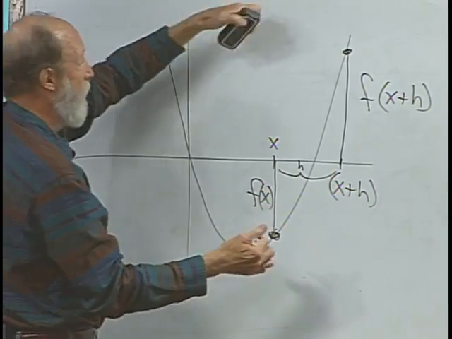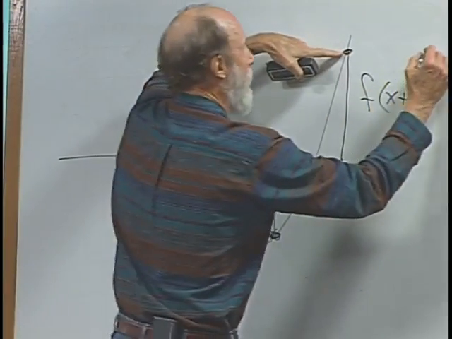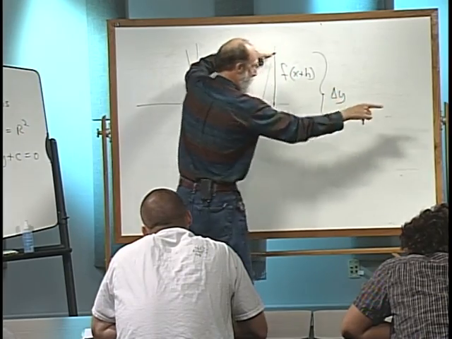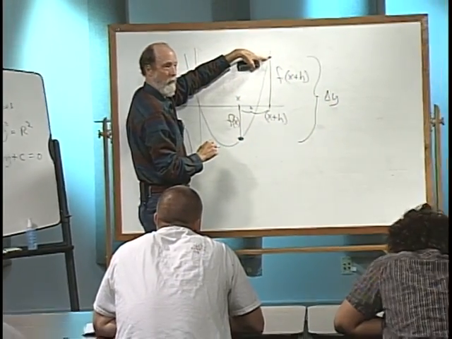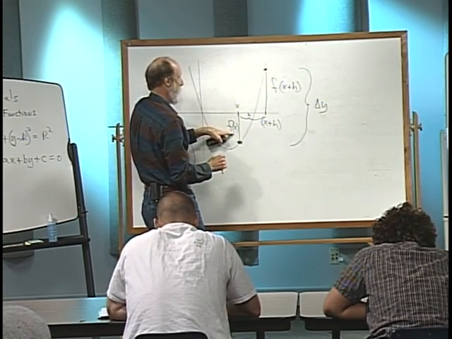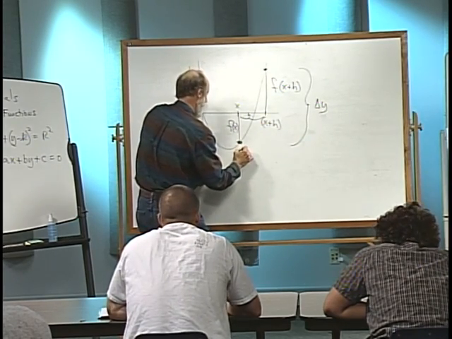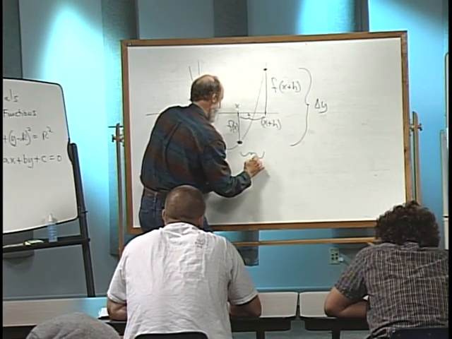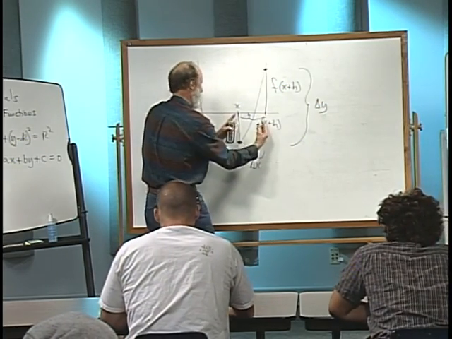And so the difference in the y values here is the numerator of that relationship. This y value minus this y value is that change in y, and this horizontal run between them is the change in x.